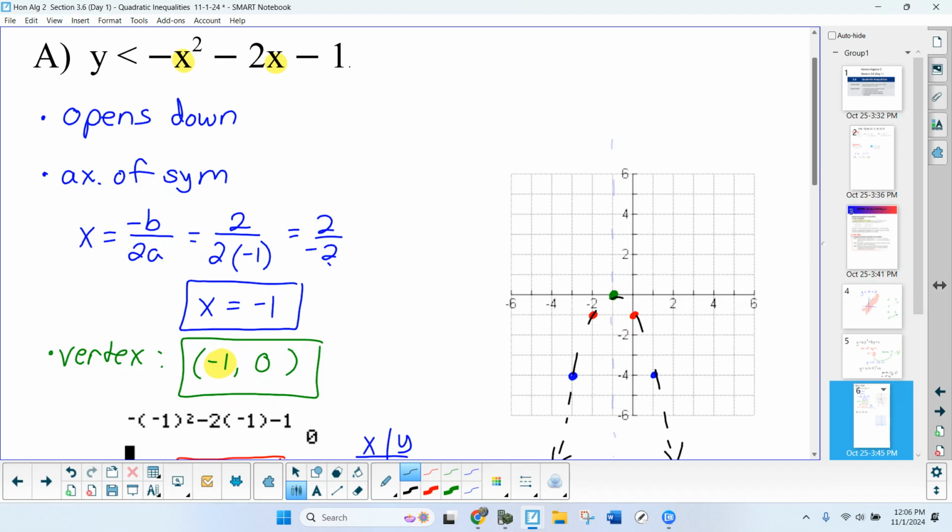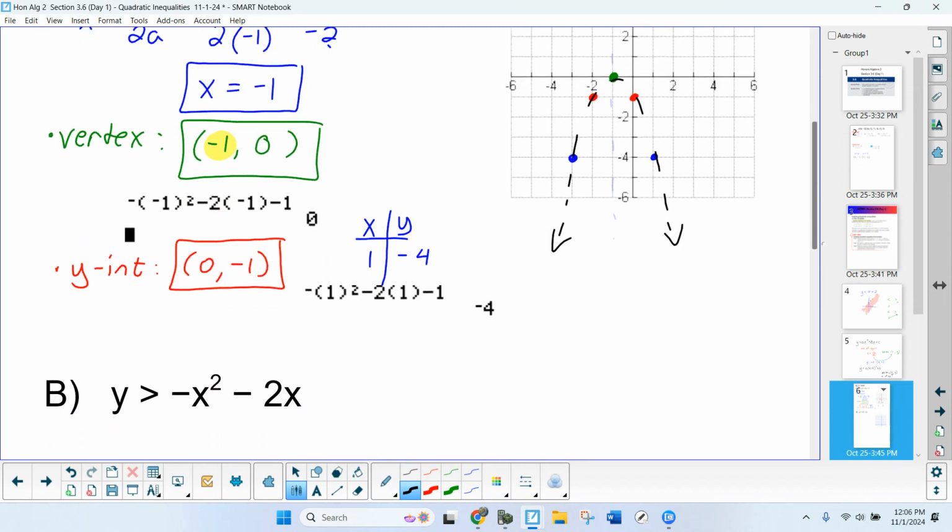Well, this says y is less than. So less than is below. So in this case, below would be here. Questions? Any point in that shaded region is a solution to your inequality.